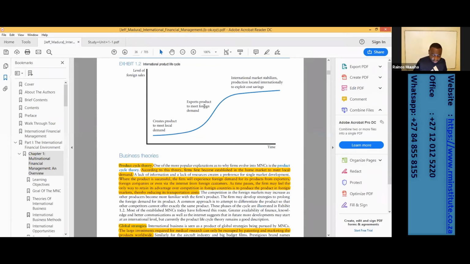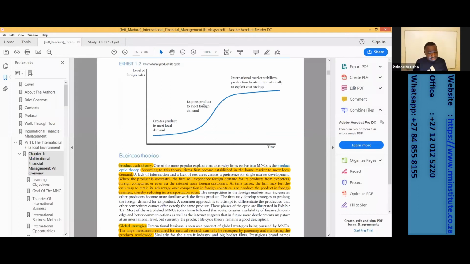So they will now be exporting the product to meet the foreign demand, because this is where customers from other countries place an order, and the company would be transporting those goods using trucks or different transportation systems as well. Then over time they realize that, you know what, our transportation cost is becoming high, because every time an order is placed, we incur a cost to transport that good.